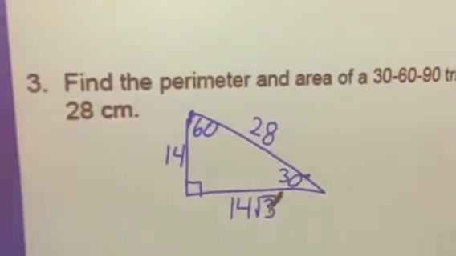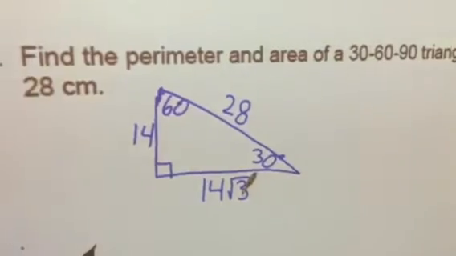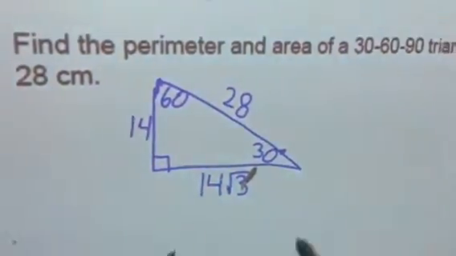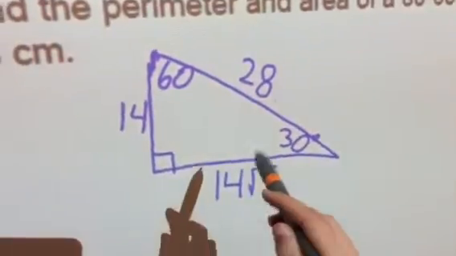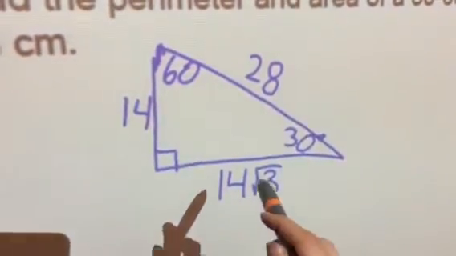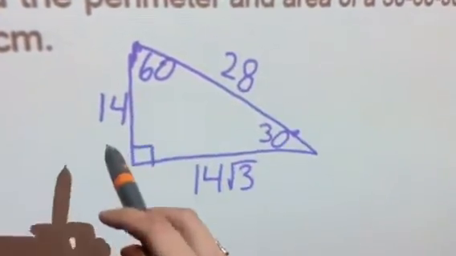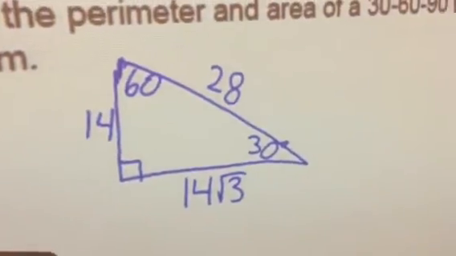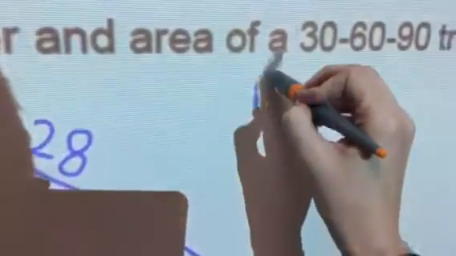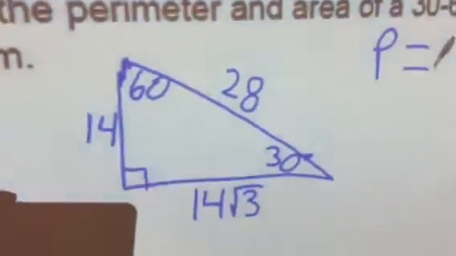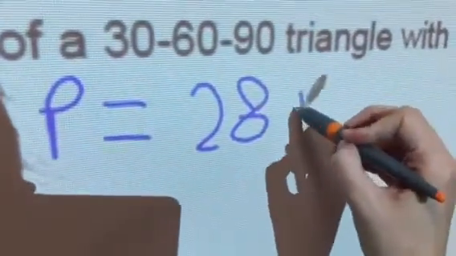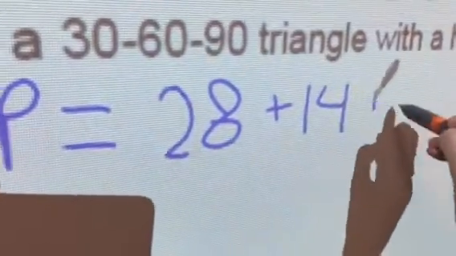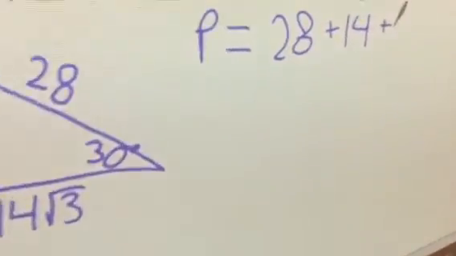What does it want us to find? Perimeter and area. All right, perimeter, so you add them all up. Now when you add with radicals, it's not too bad. You can't add these two to the radical, but you just add these two together, and then that's really all the simplifying you can do. So we'll put P for perimeter would equal 28 plus 14 plus 14 root 3.